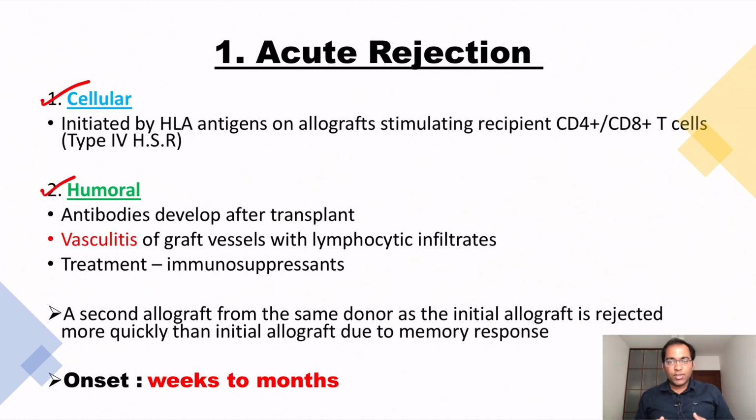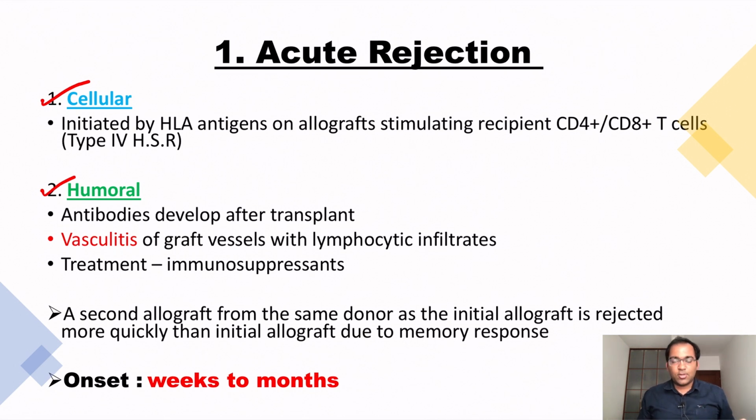Now, what is the cellular process? Let's say I'm getting a kidney transplant from my friend. Post transplantation, the graft will have some type of antigens, and those antigens are foreign to my body. So what will my body do?